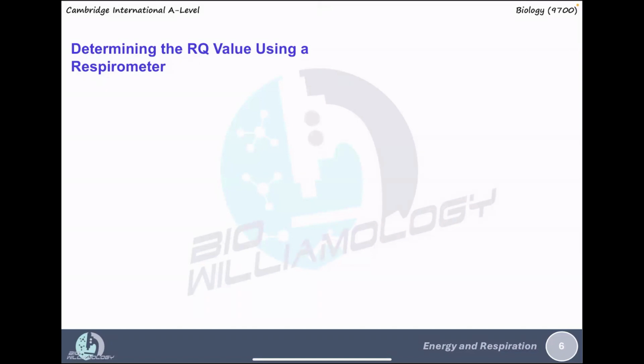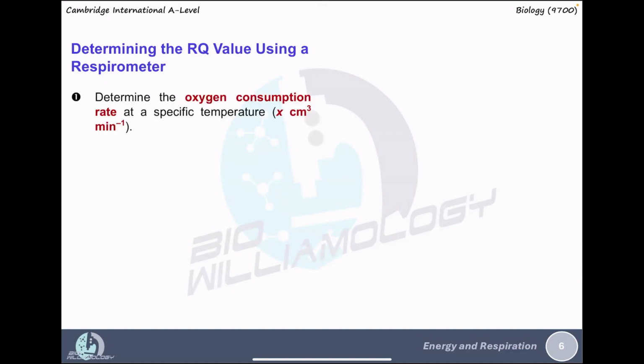Let us look at how we can use a respirometer to determine the RQ value. First of all, as we have done previously, we determine the oxygen consumption rate at a specific temperature. In this case, you can see that X cm cubed of O2 consumption per minute, for example.